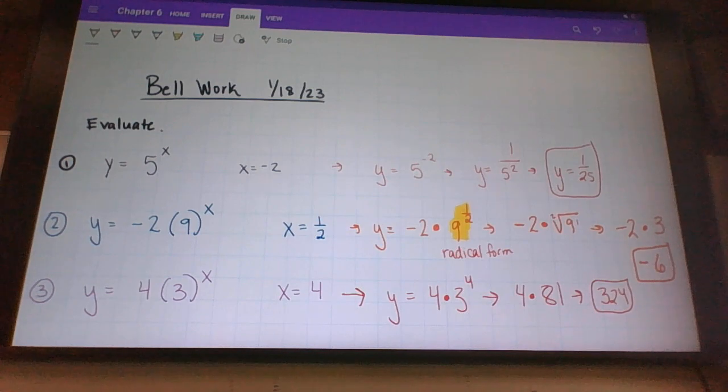So we're going to use this basic table, -2, -1, 0, 1, 2, and we're plugging in for x. So this would be 2 to the -2, 2 to the -1, 2 to the 0, 2 to the first, and 2 squared.